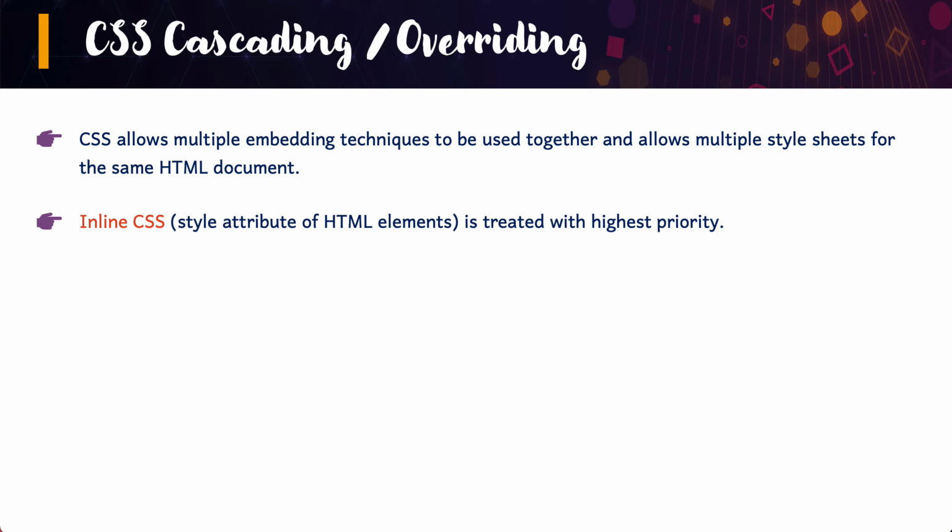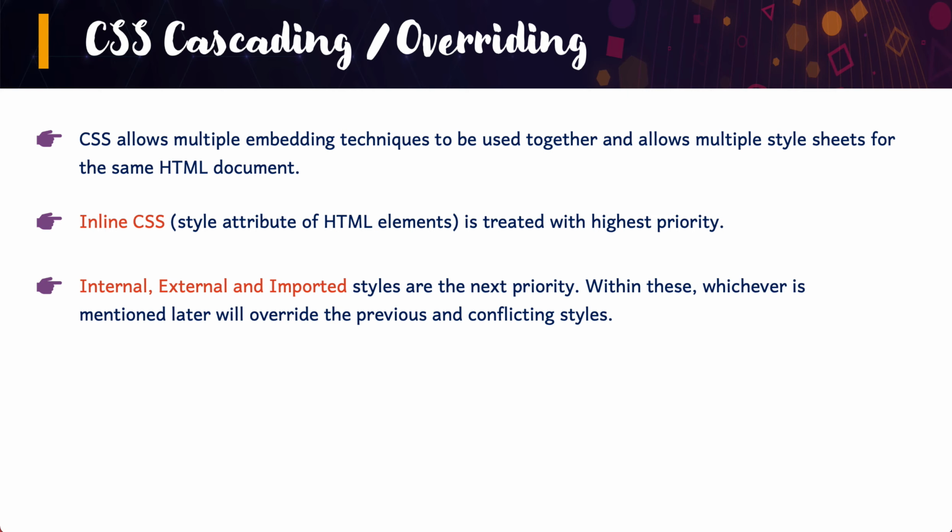Any inline CSS, which is basically defined using the style attribute of an HTML element, is treated with the highest priority. If there is a style that is defined this way, that is applied as is, no change. If there is no inline CSS, the next priority will be internal, external, and imported.